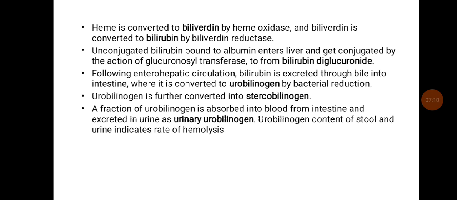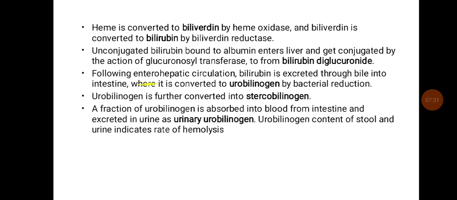Heme is converted to biliverdin by heme oxygenase, and biliverdin is converted into bilirubin by biliverdin reductase. Unconjugated bilirubin bound to albumin enters the liver and gets conjugated by the action of glucuronyl transferase to form bilirubin diglucuronide.